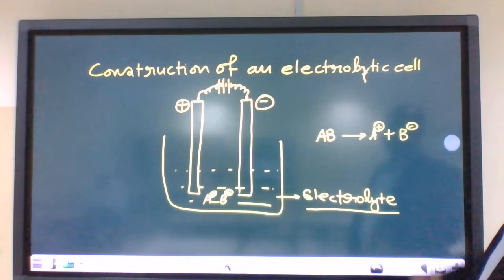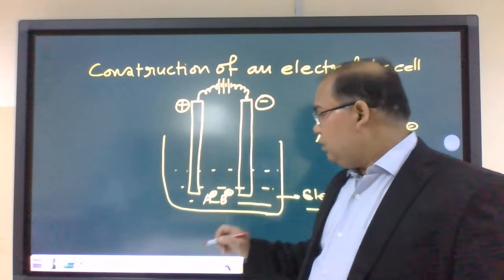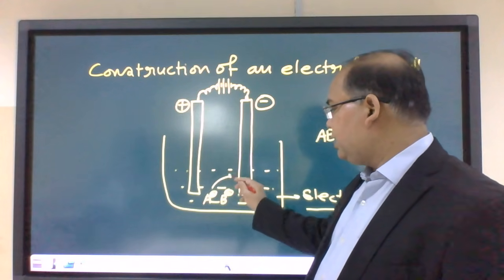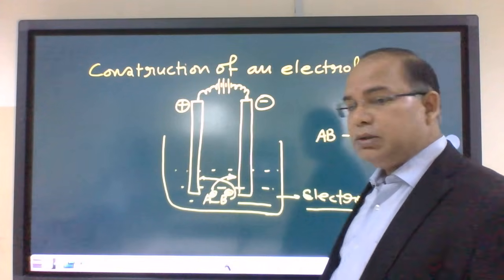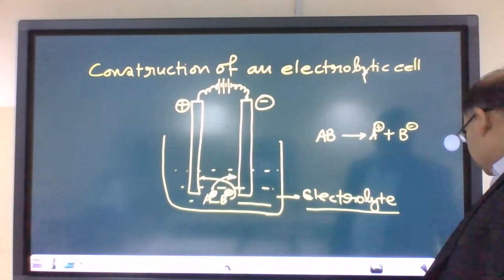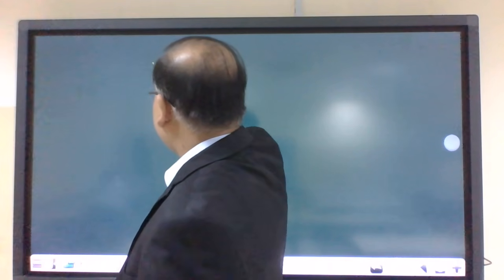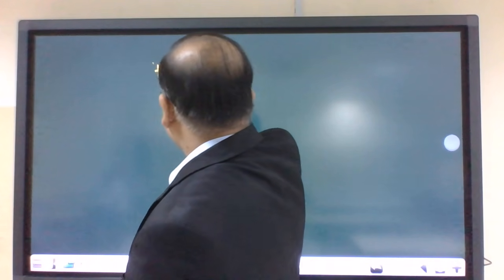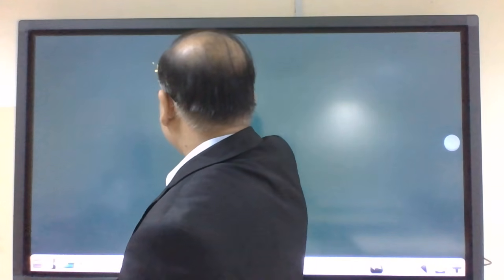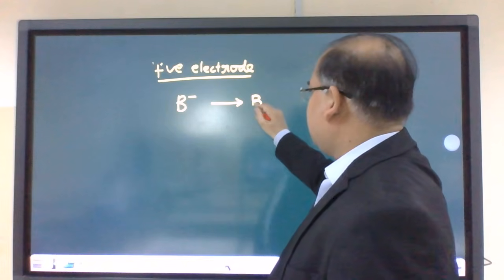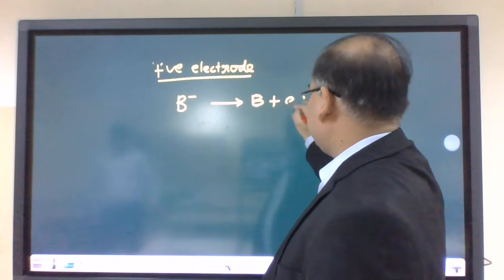When current is passed through this electrolyte solution, positive ions move towards the negative electrode, whereas negative ions move towards the positive electrode. So, the reactions taking place at the positive electrode: B- will lose an electron and pure B will be deposited.